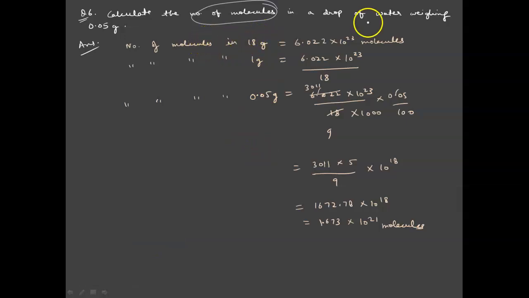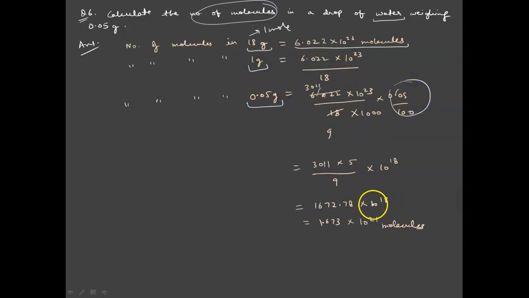In this case we have water, a molecule, so we will use the molecular mass. We have to calculate the number of molecules, so it should be on the right. What we have to calculate should be on the RHS. So 18 gram equal to Avogadro number of molecules, this is 1 mole. Now for 1 gram, it goes into the denominator. Now for 0.05 gram, it goes into multiplication.